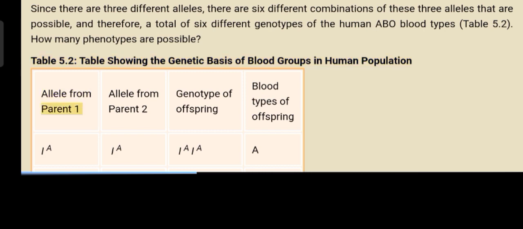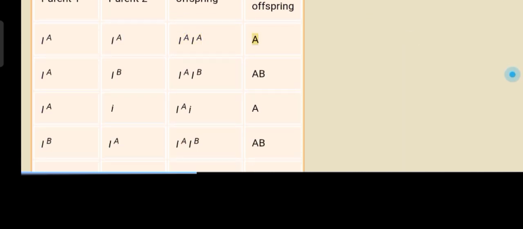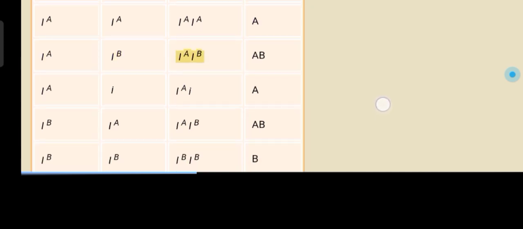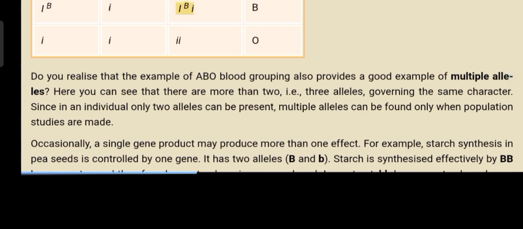Allele from parent 1, allele from parent 2, genotype of offspring, blood types of offspring: IA IA, IAIA, A; IA IB, IAIB, AB; IA i, IAi, A; IB IA, IAIB, AB; IB IB, IBIB, B; IB i, IBi, B; i i, ii, O.